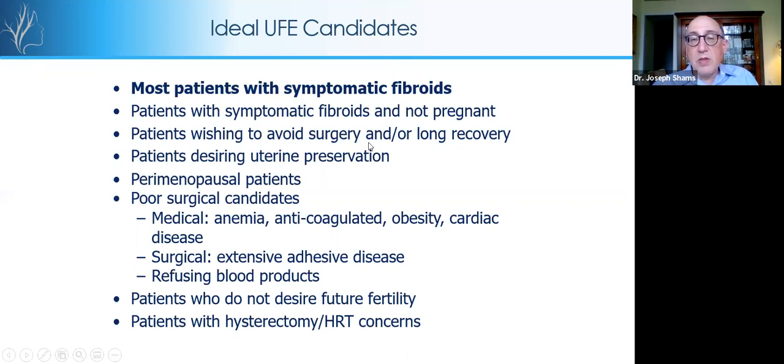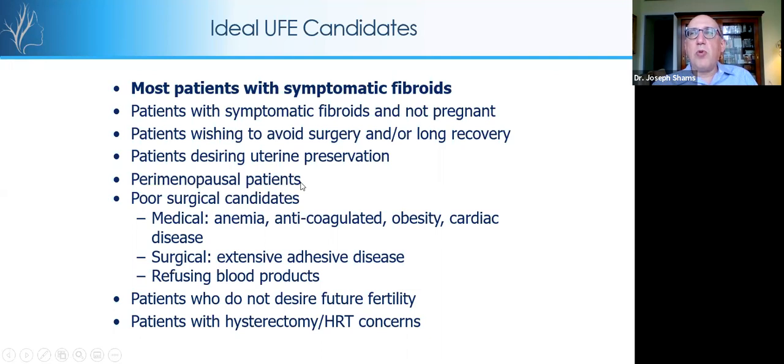Patients desiring uterine preservation. If you want to keep your uterus and not take it out, then obviously this would be a good choice for that patient, because you could save the uterus while treating your symptoms. Perimenopausal patients, patients who are close to menopause, are actually ideal for the embolization procedure because they'll probably be going into menopause anyway.